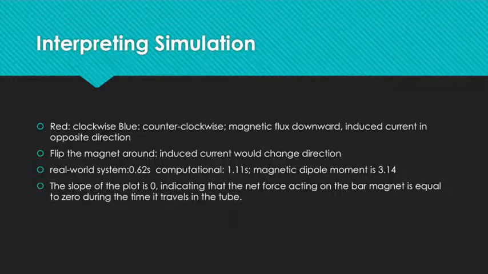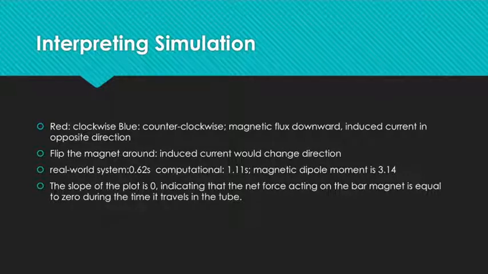And since the induced dipole is opposed to that magnetic field, it actually has an opposite direction of the current. And if we flip the magnet around, the induced current would change directions. So I think the red and blue rings would flip, which means the induced dipole is now in the clockwise direction.